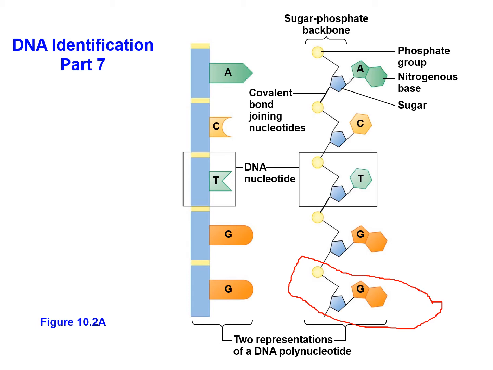This is the nitrogenous base. The blue is the deoxyribose sugar, and the yellow is the phosphate. So another way they designate all these parts of the nucleotide is to put the letter of the nitrogenous base, make the sugar blue, and make the phosphate yellow. That's very commonly done.